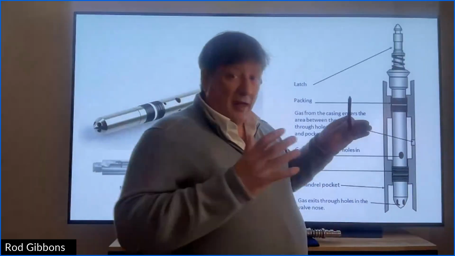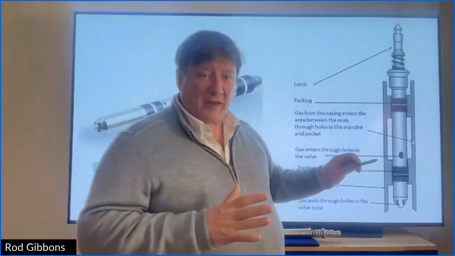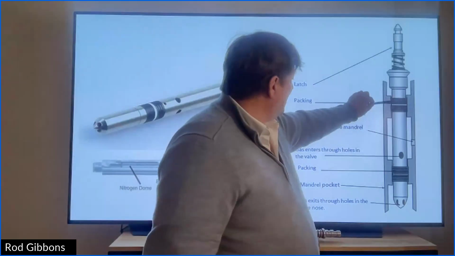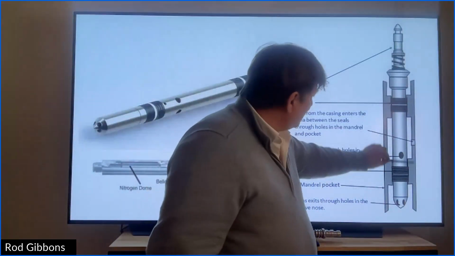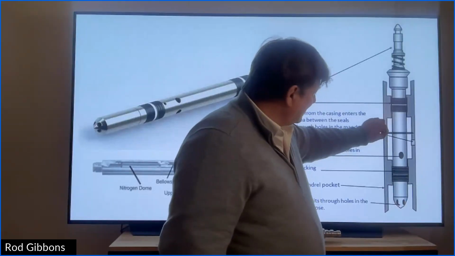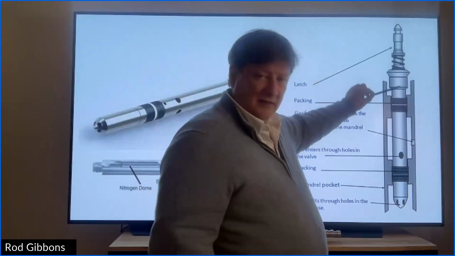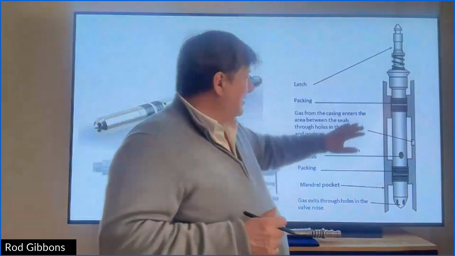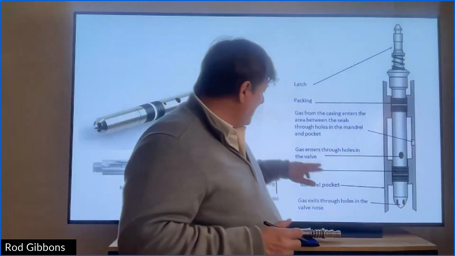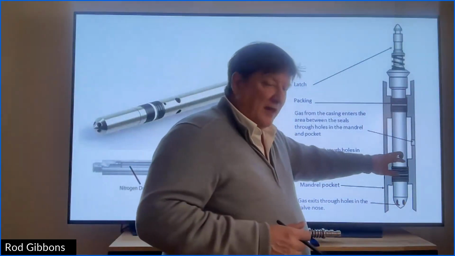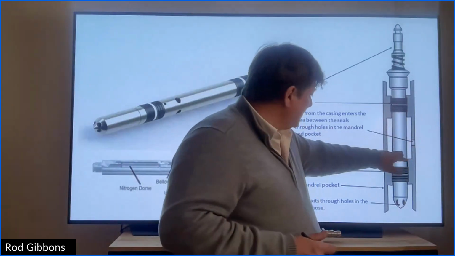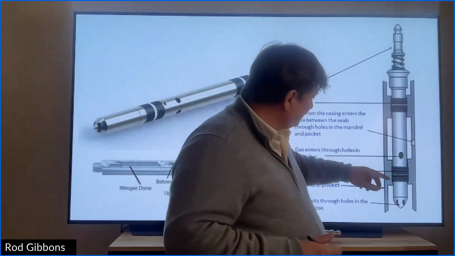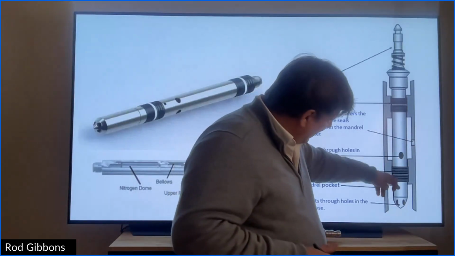Okay, I want to control the flow of that gas, so I have packings or seal stacks on top and on bottom. So now I've sealed off. That gas is coming in, but it can't get past these elastomer packings. Then we got a hole in the valve. So gas comes in and then goes in through this hole, travels through the valve.